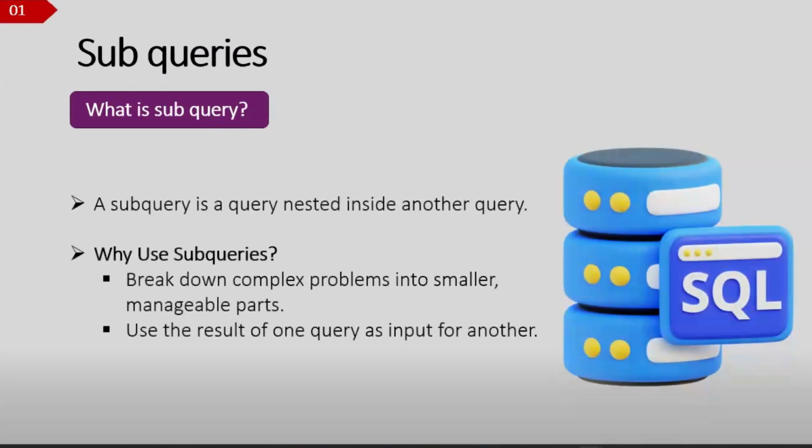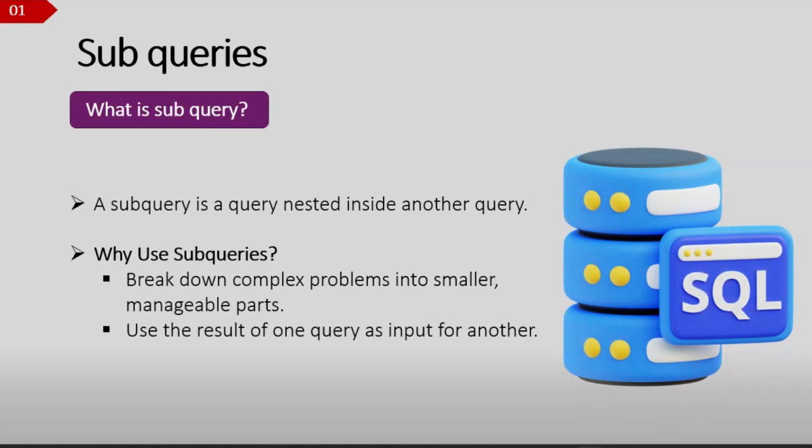A subquery is considered a query inside another query. Why do we do that? Because maybe we have information we want to use, but it's not directly inside the table that we are querying. For example, you want all employees whose sales are more than the average sales of the company.